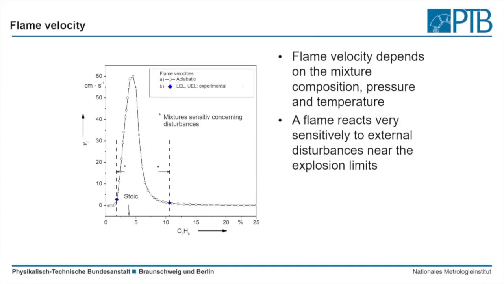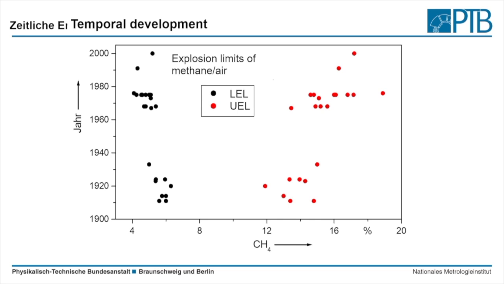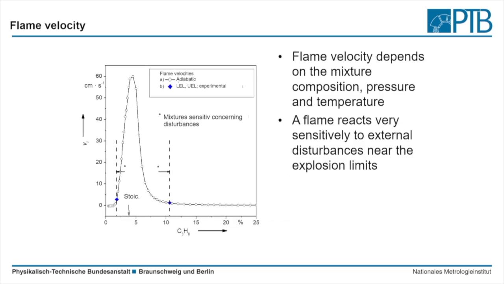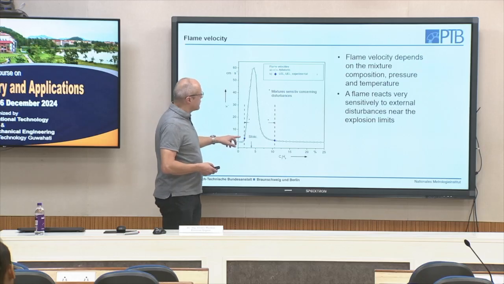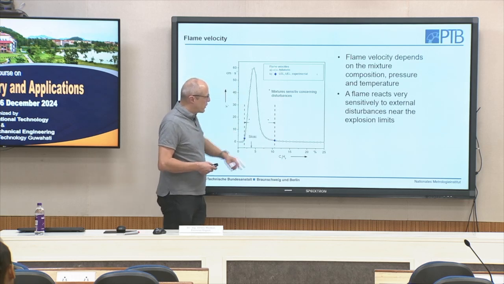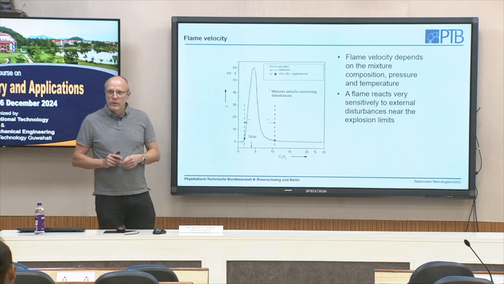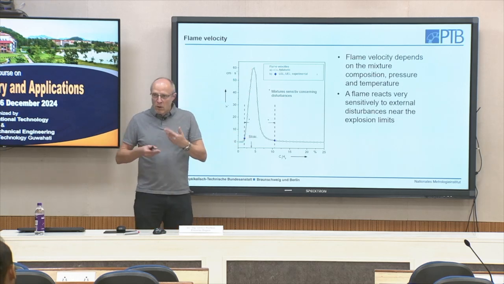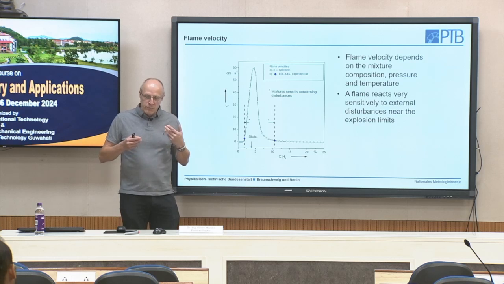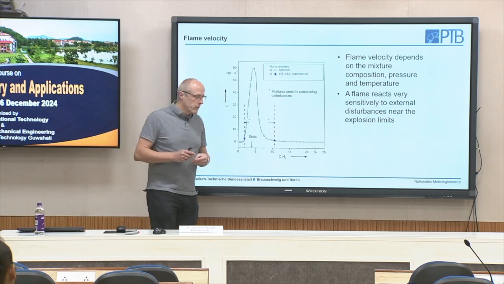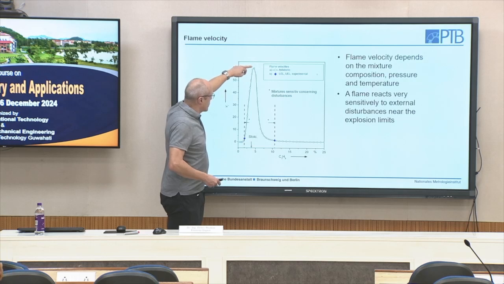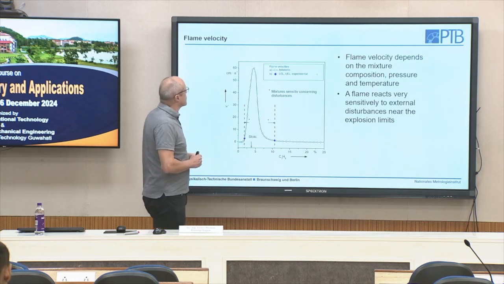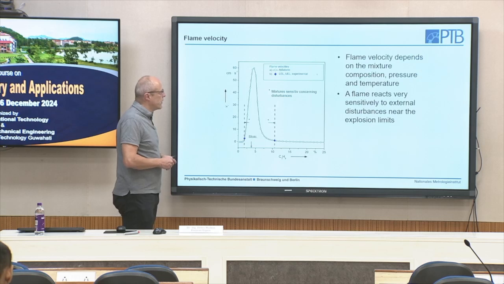So why do we see flammability limits at all? When we look at the laminar burning velocity of propane in air, near the stoichiometric mixture, where we have the optimum composition with respect to combustion, we see the highest flame velocity, around 60 centimeters per second.